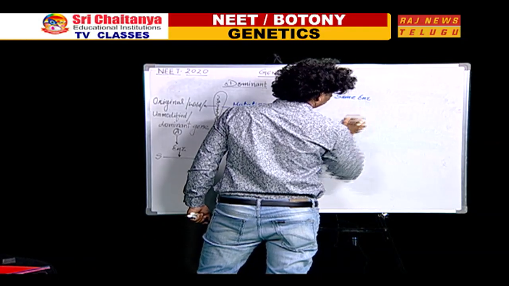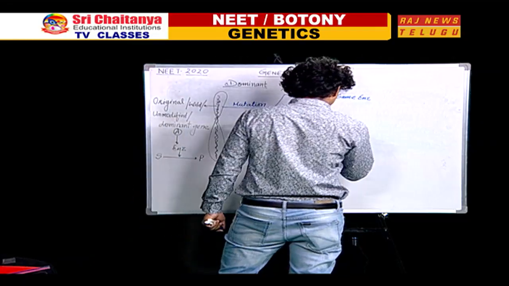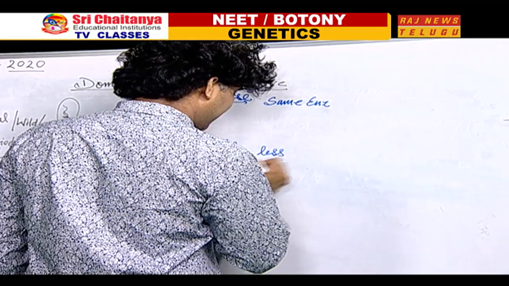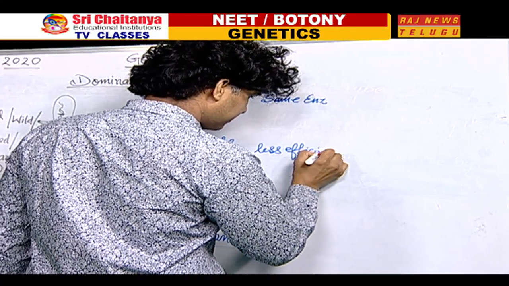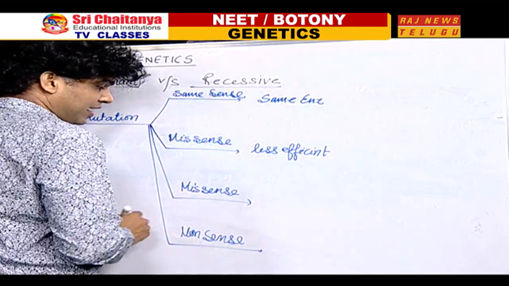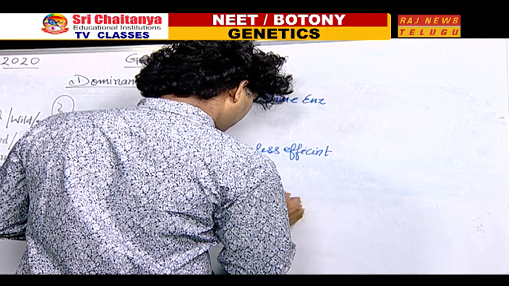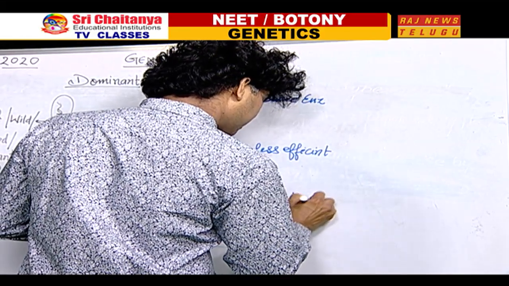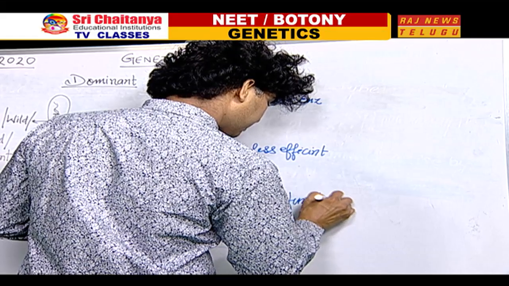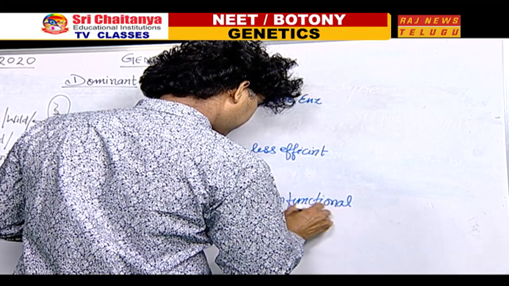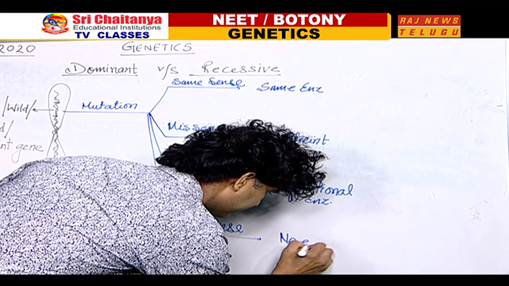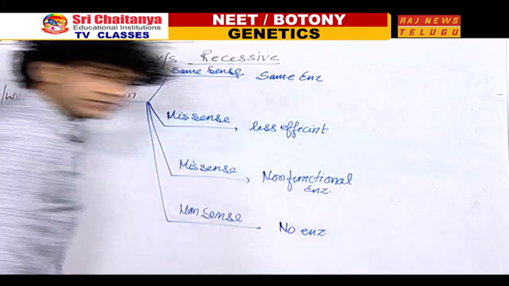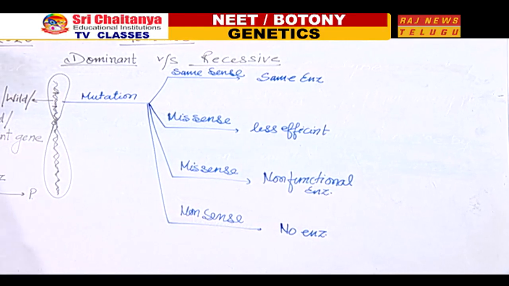After missense mutation, either a less efficient enzyme arises or a non-functional enzyme arises, or no enzyme arises. These are the four possibilities.